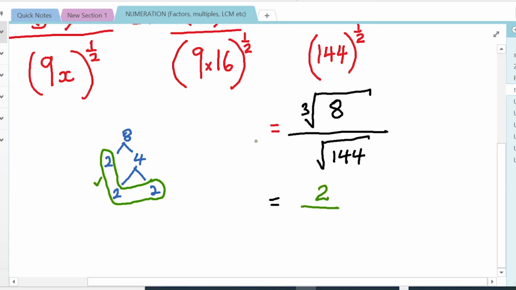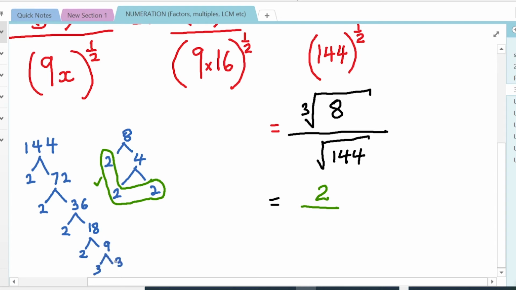Divide that by the square root of 144. Let's also calculate the square root of 144. So 144, I'll say by 2, that is 72. By 2, 72 divided by 2, you get 36. By 2, you get 18. By 2, you get 9. Then by 3, you get 3.